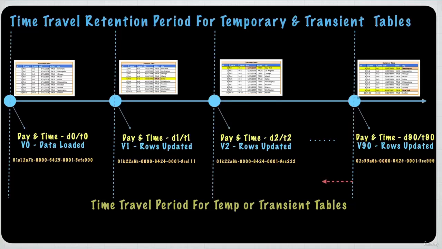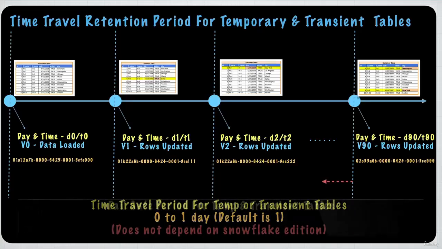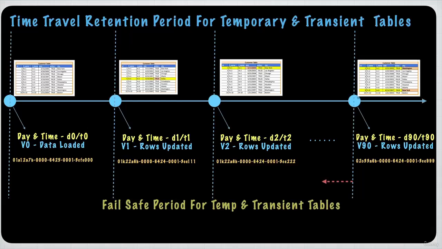And that is one of the biggest differences between a transient or temporary table and a permanent table. The default time travel retention period is 1 day, and if you set it to 0, then you would not be able to access any historical data for temporary and transient tables.